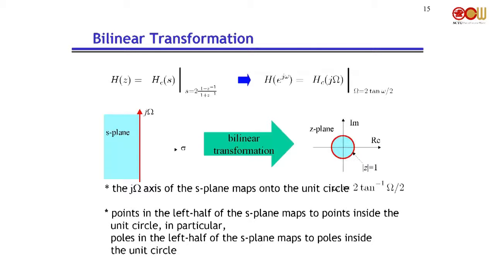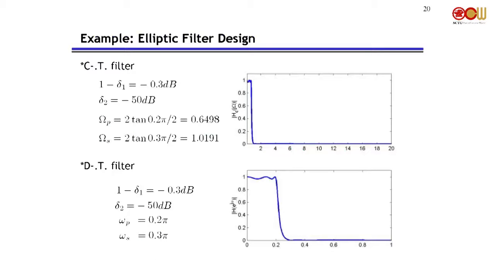And now let's use the bilinear transformation to design a filter. We use the same specification that we had earlier for the Kaiser window and McClellan filter design. We have 1 minus delta 1, that's minus 0.3 dB, and delta 2 is minus 50 dB, and the same passband and stopband.